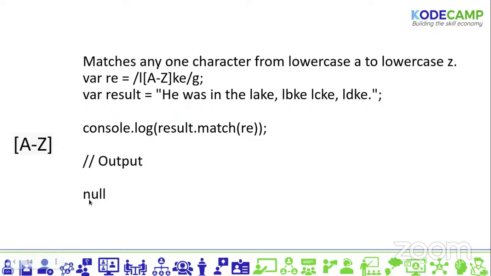Instead, we are sent null here. So this null means there's no match for this particular pattern. There's no LKE that has capital A in between L and K, or capital B or capital Y or capital Z in between L and K.